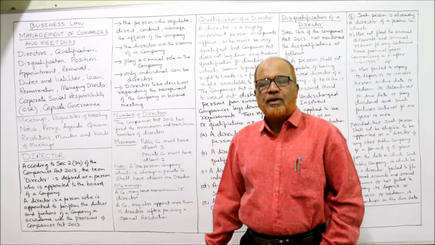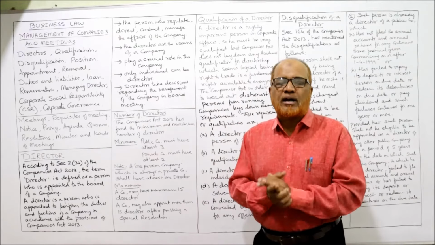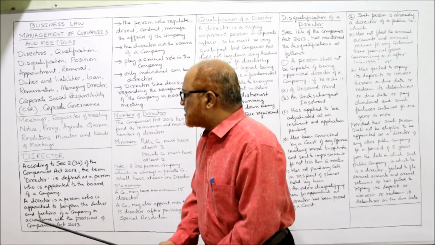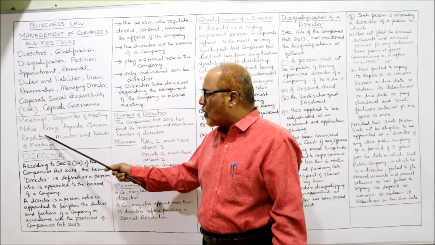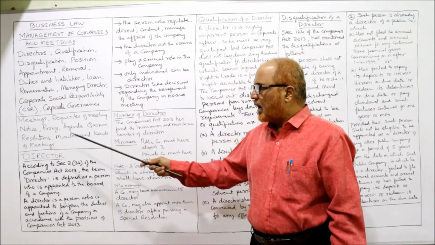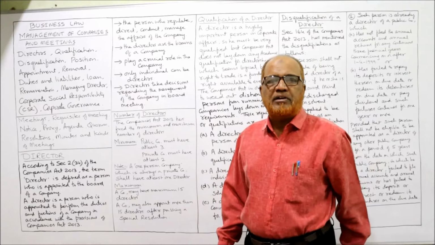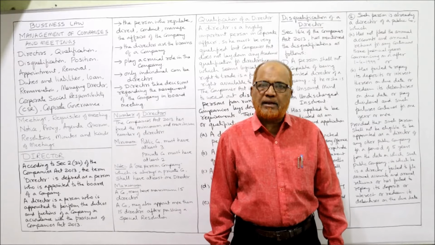Then meetings. What is the meaning of the term meeting and what are the requisites for conducting the meetings? And the different issues with the meetings like notice of meeting, proxy, agenda, quorum and resolutions. Then we have minutes and the different types of meetings. A number of types of meetings will be conducted by the company.